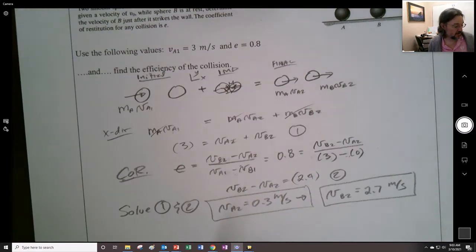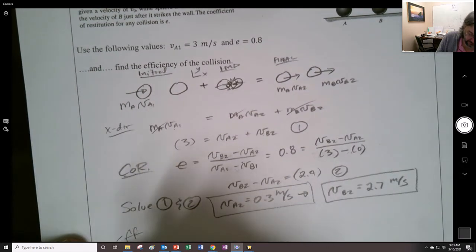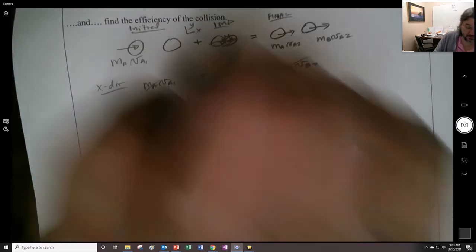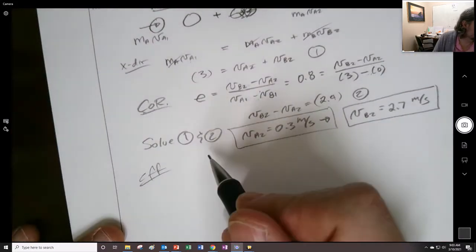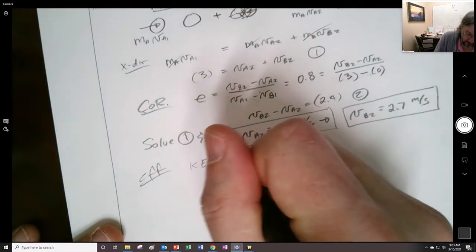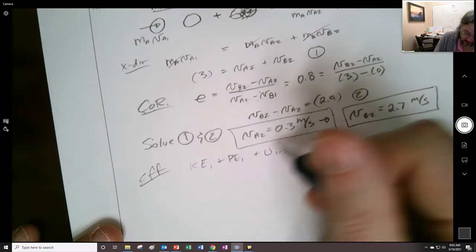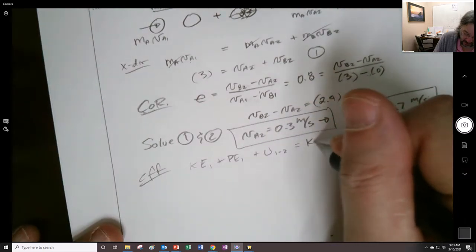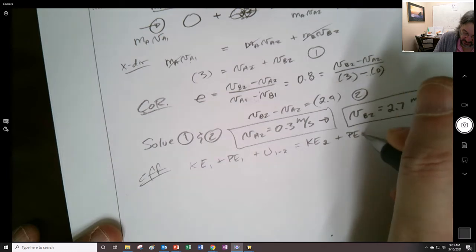So I say, let's figure out the efficiency of this operation. So we're going to say that we have kinetic energy 1 plus potential energy 1 plus the work that's done in this one, and these are really going to be losses, and then we have the kinetic energy and potential energy afterwards.